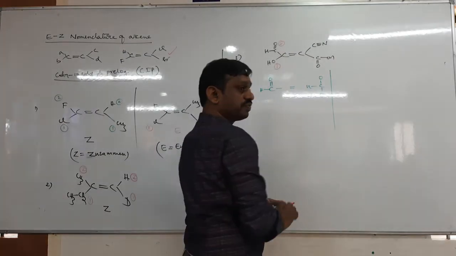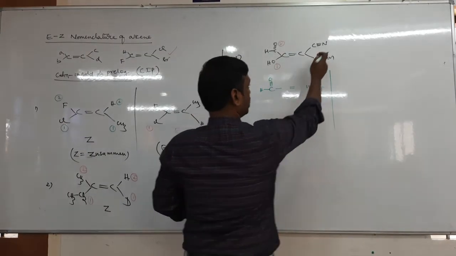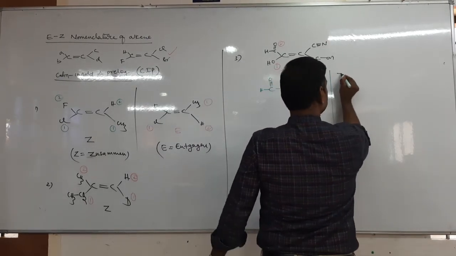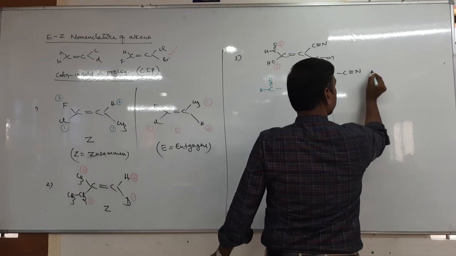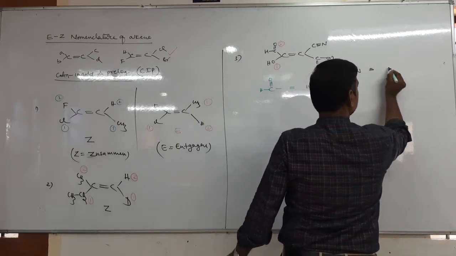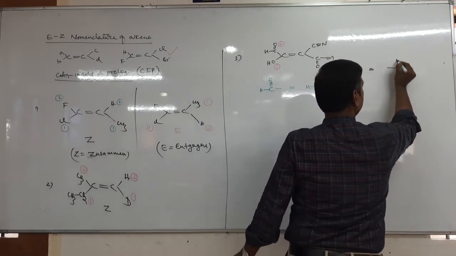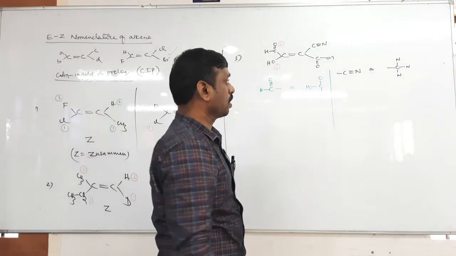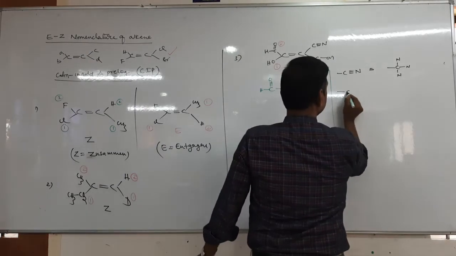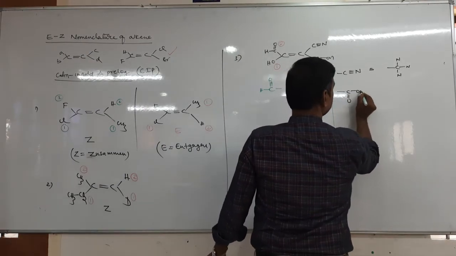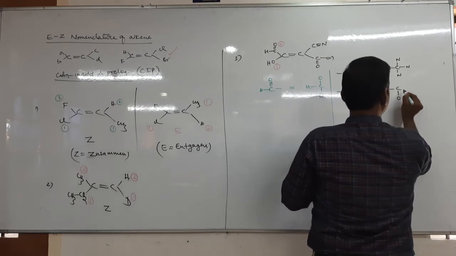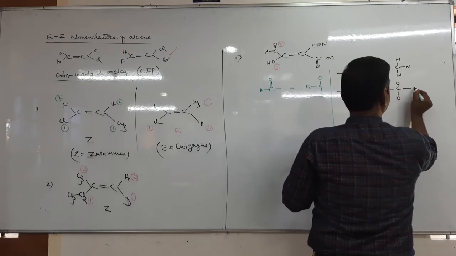Now come to here. It is a C triple bond N, right? The C triple bond N can be taken as C with 3 such nitrogens. Next here, C double bond O, OH can be written as C, O, O and OH.